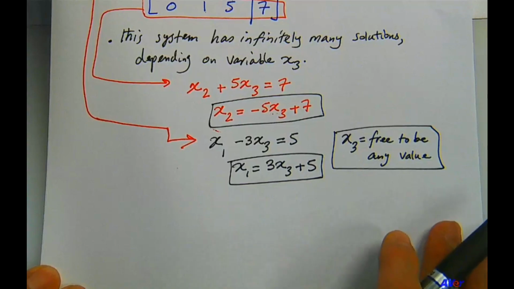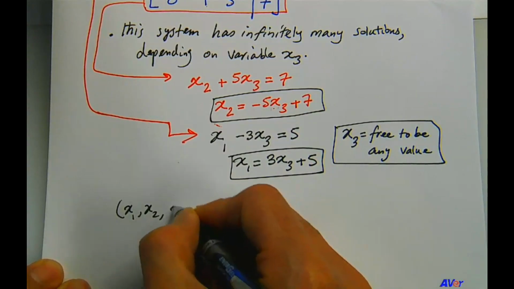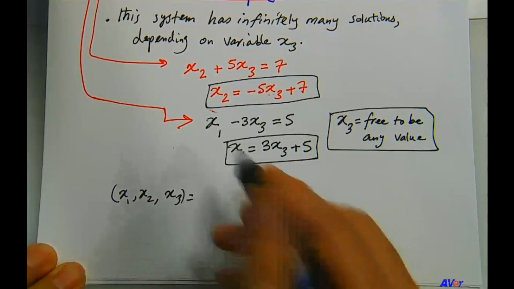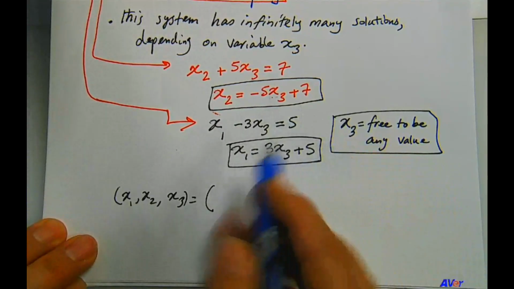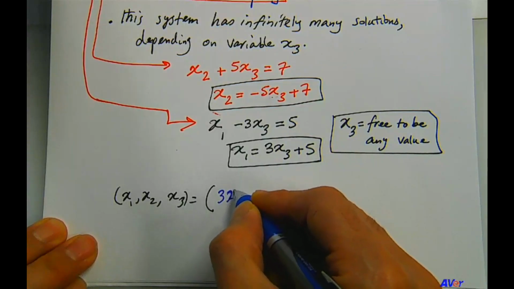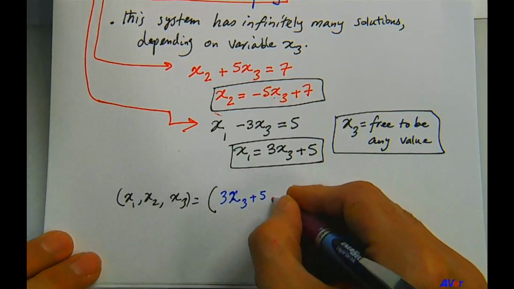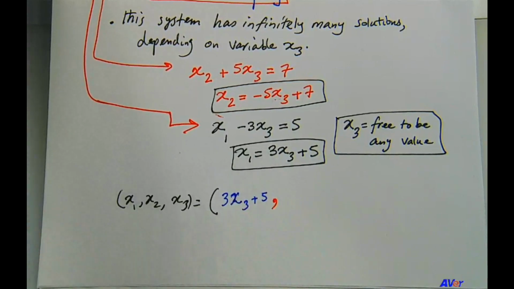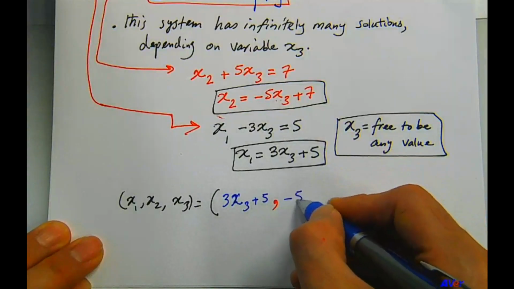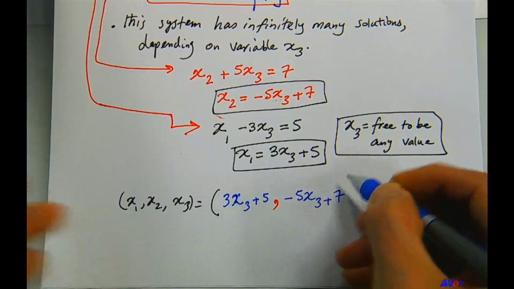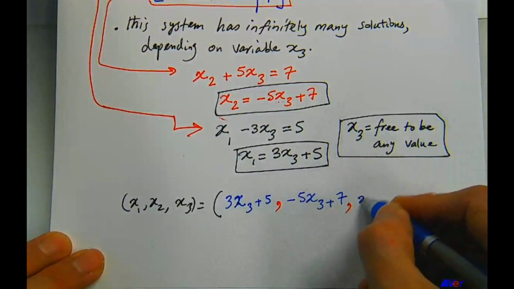So how would we represent the solution? The solution, instead of saying x1, x2, x3, would be: x1 is going to be equal to 3x3 plus 5, comma, right? That's our x1. x2 is going to be that whole equation, minus 5x3 plus 7, comma, and x3 is going to be x3.